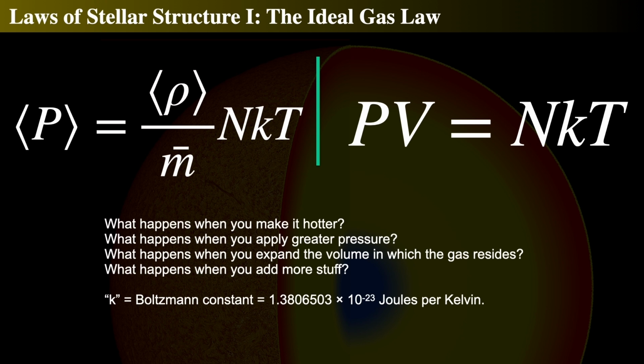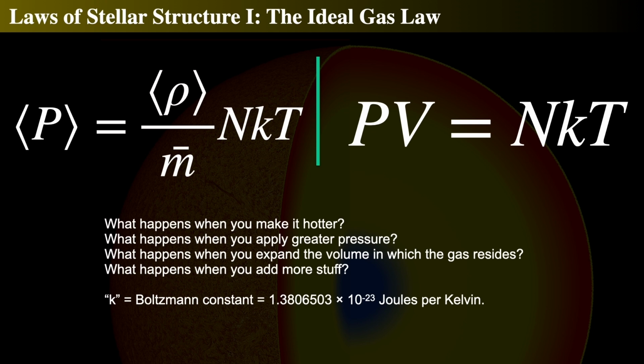Those brackets mean the average pressure. The bracket around the rho on the right-hand side means the average density. And the little m with a bar over it means the average mass of the particles of the gas. And kT is the expression of the energy of a particular particle in the gas. K is the Boltzmann constant, and T is the temperature.